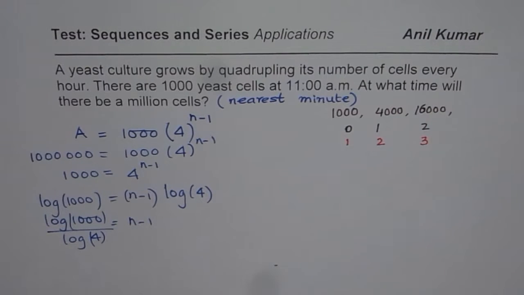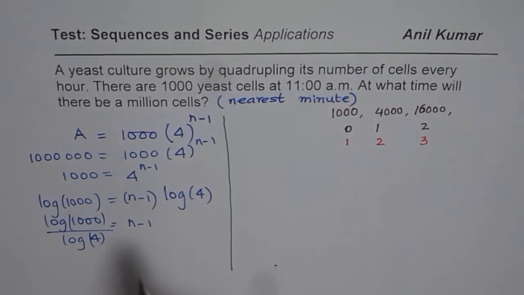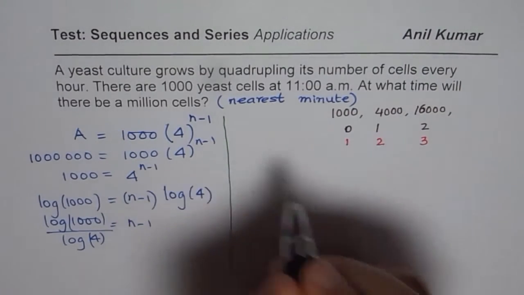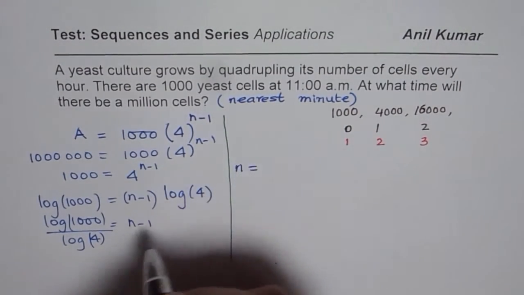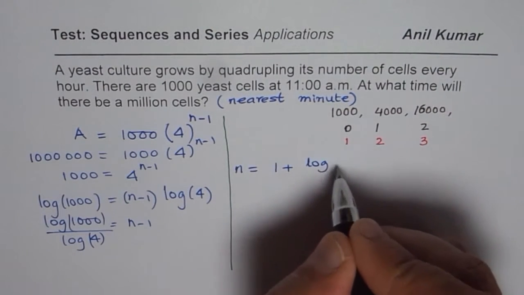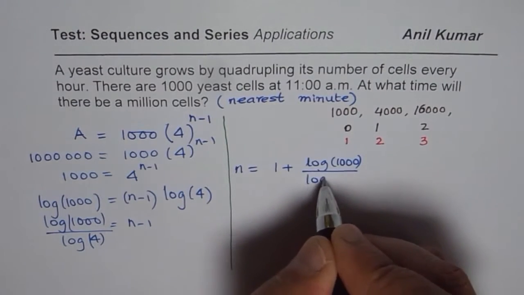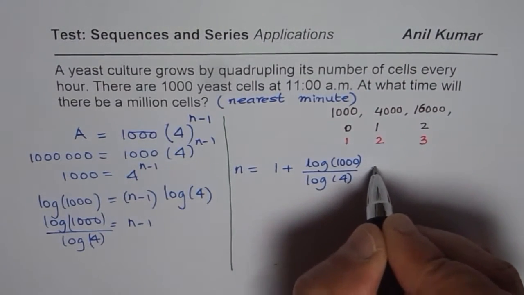And to find n, we can rearrange this equation. We add 1 on this side: n equals 1 plus log of 1000 divided by log of 4, correct? So we get the value of n.